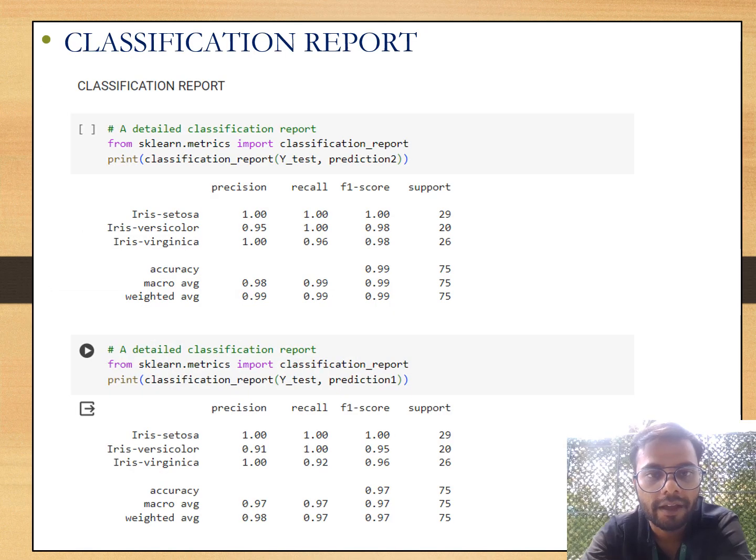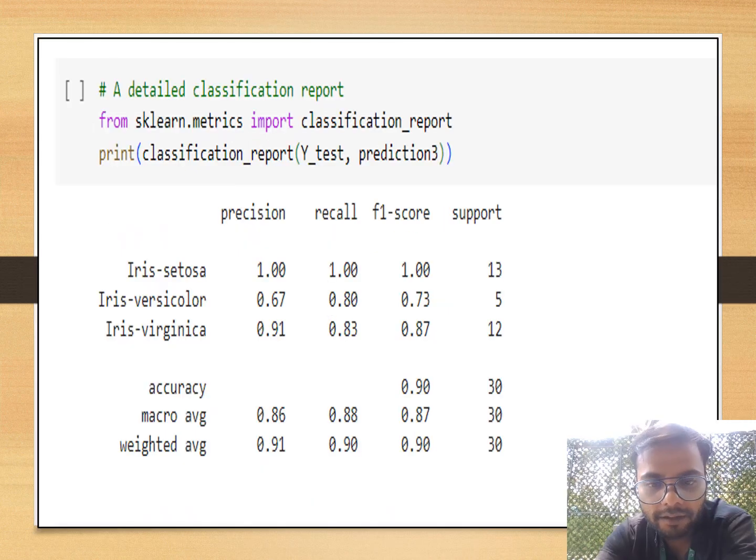Here we are comparing three algorithms, and after comparison we make a classification report of the resulting algorithms. The accuracy of the first algorithm is 0.99, the second is 0.97, and the third is about 0.90. That is, first is 97%, second is 95%, and third is 90%.